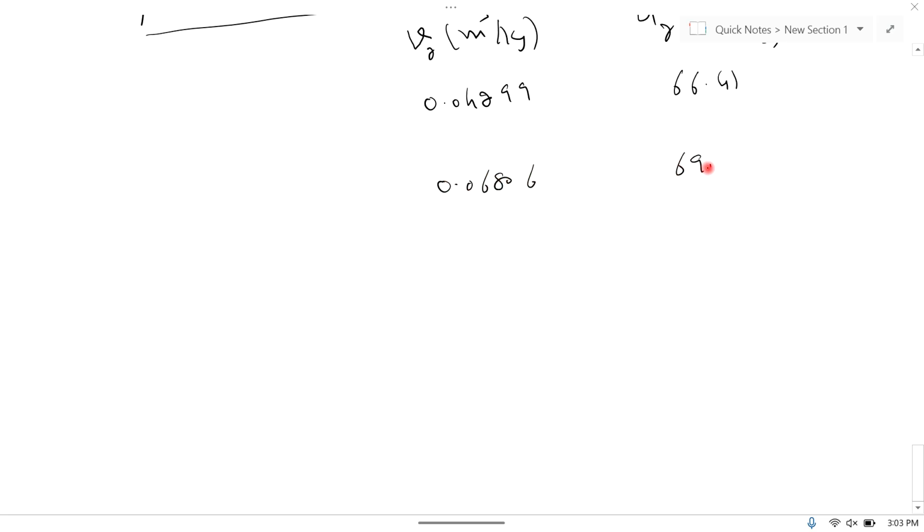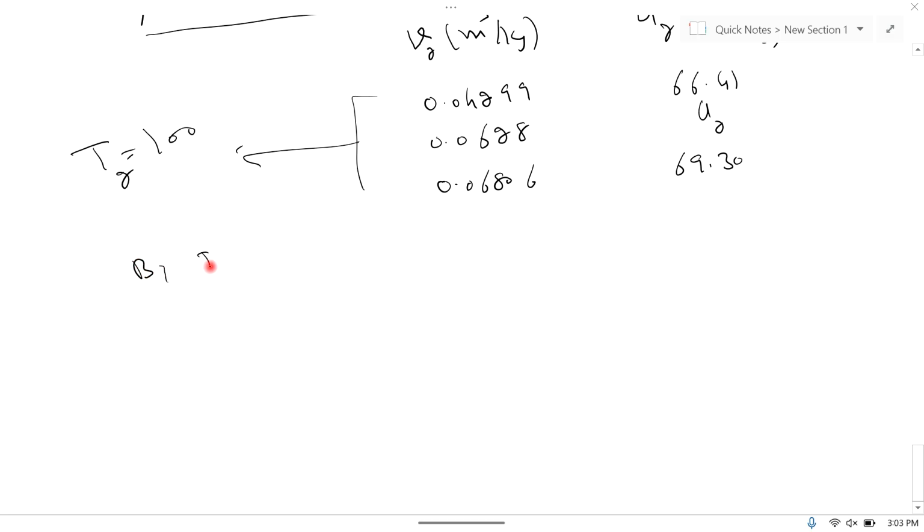We have to find internal energy at volume 0.0628, U2, and in all cases temperature is 100 Kelvin, T2. So do interpolation.